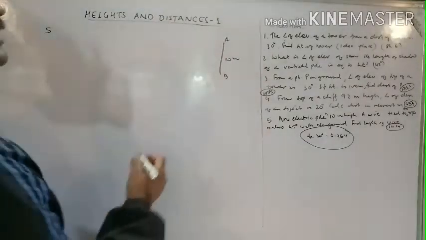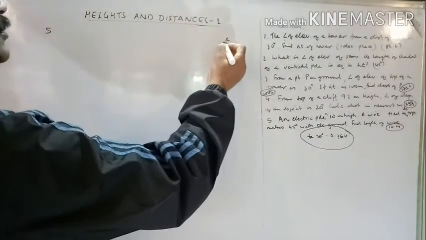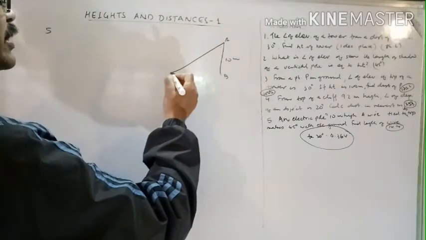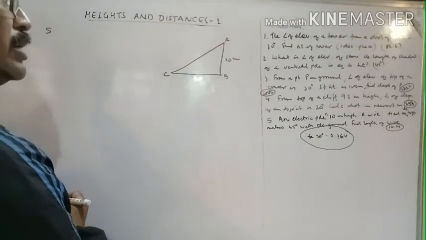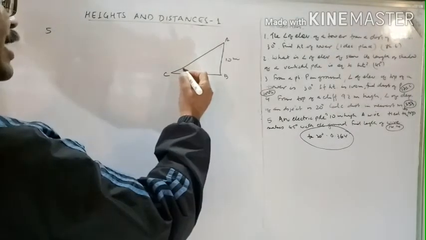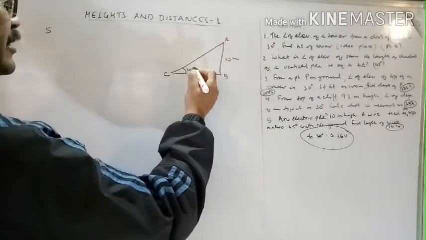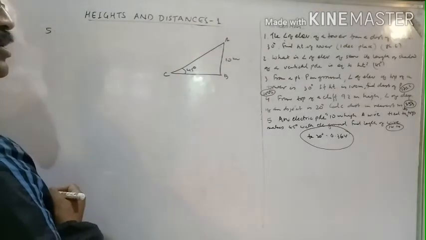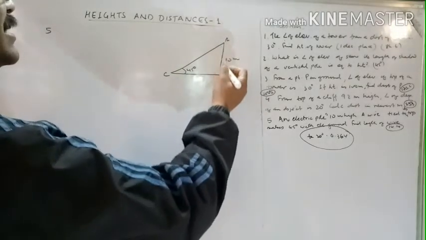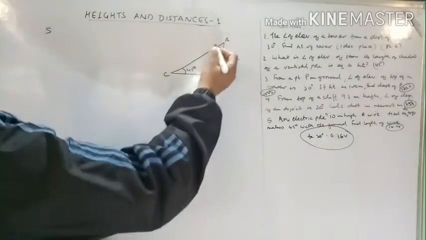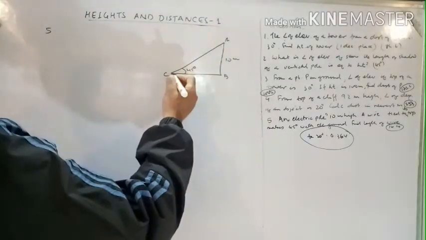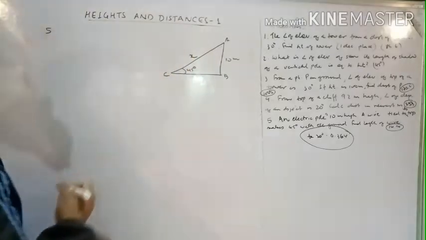A wire is tied to the top of it and fixed at the ground at a certain distance, say BC. This wire makes an angle of 45 degrees with the ground. The height is 10 meter. The question is, what is the length of the wire? The wire is tied from A to C. So this is x here.